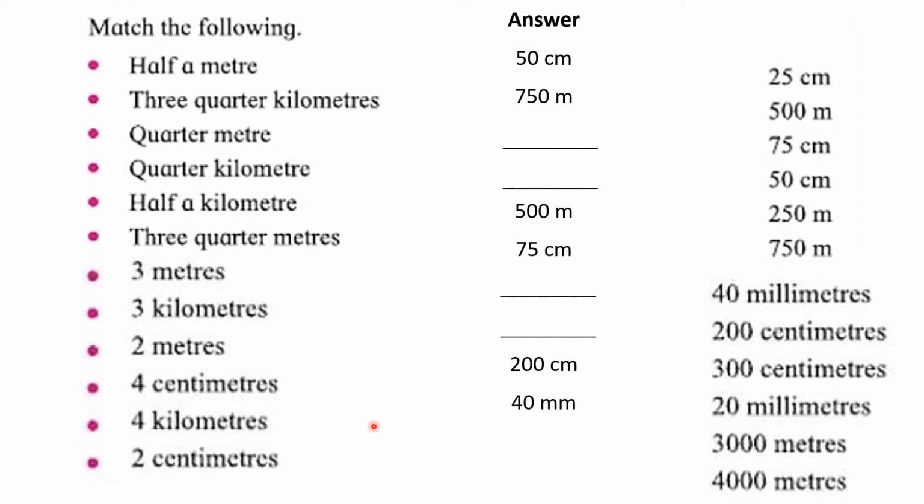So what will be for 4 kilometers? 2 centimeters. If 1 centimeter is equal to 10 millimeters, so what will be the answer for 2 centimeter? So students, write a correct answer for the given blanks.